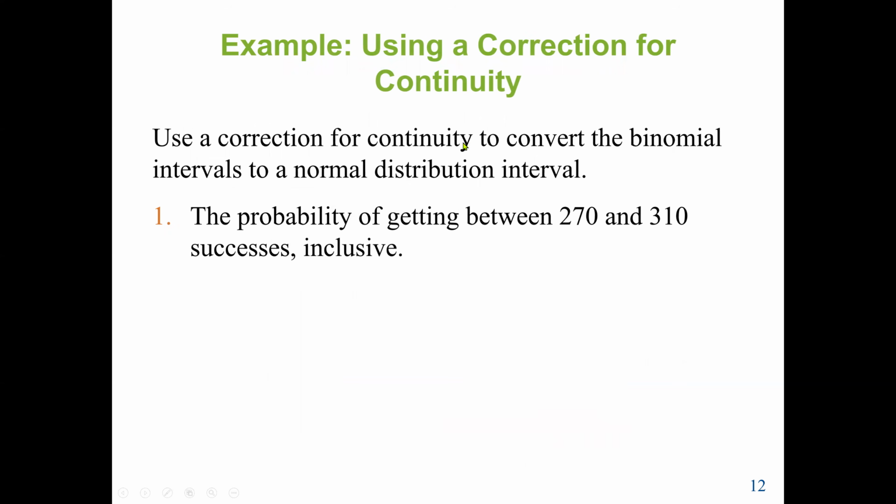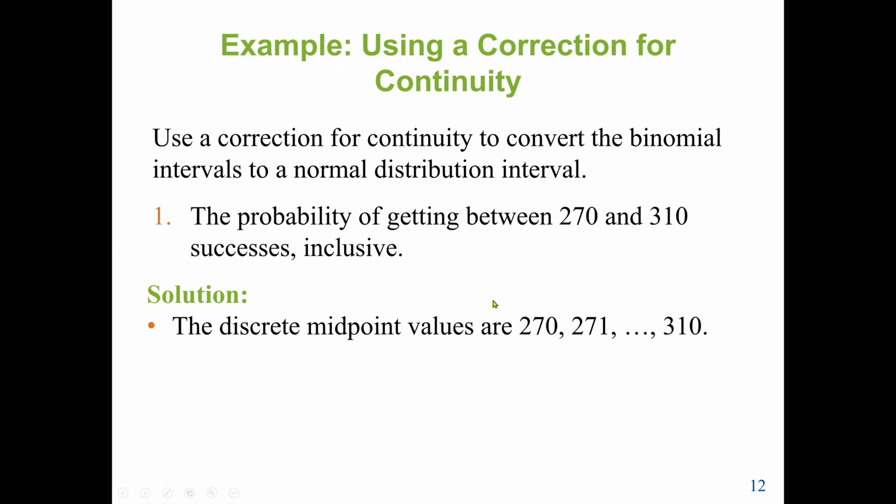So now, using a correction for continuity, let's see an example here. They say use a correction for continuity to convert the binomial intervals to normal distribution intervals. The probability of getting between 270 and 310 successes, inclusive, including 270 and 310 itself.